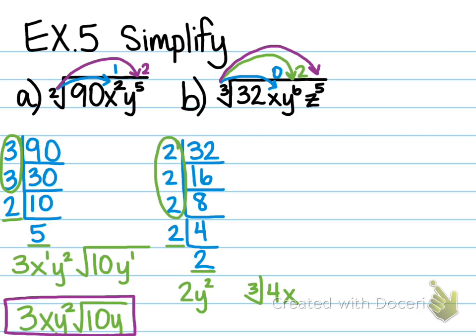Then 3 into 5 goes 1 time with 2 leftovers. So that's going to be a z to the first on the outside and a z squared on the inside. If you wanted to simplify this, you could just drop the 1 for the z on the outside. 2y squared z times the cube root of 4xz squared.